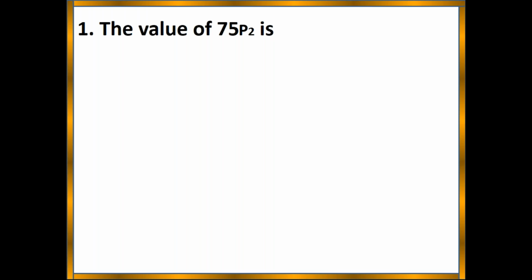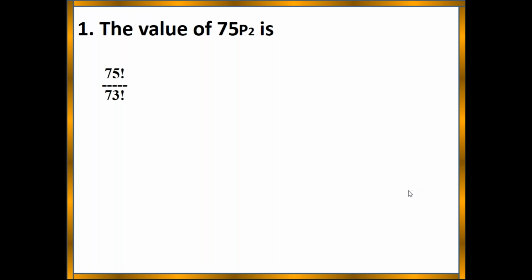First of all, we will solve the problems related to letters, numbers, and the combinations related to persons and balls, then general problems related to permutations. 75P2: we know nPr is equal to n factorial by (n minus r) factorial, which is 75 factorial by 73 factorial.